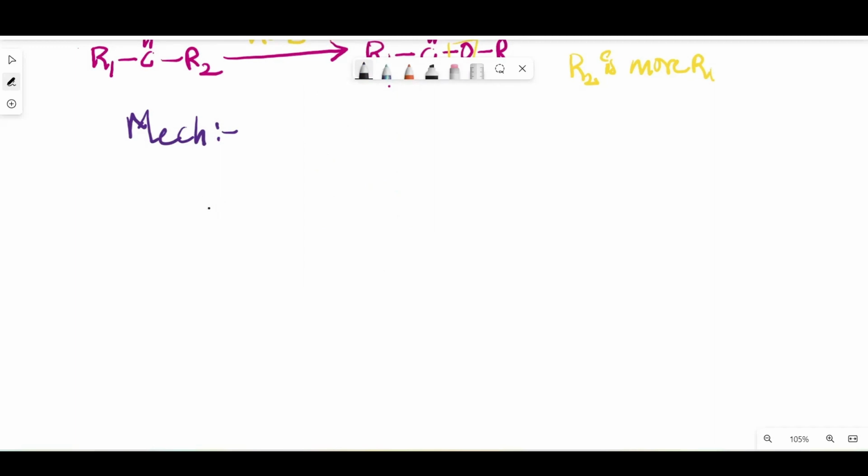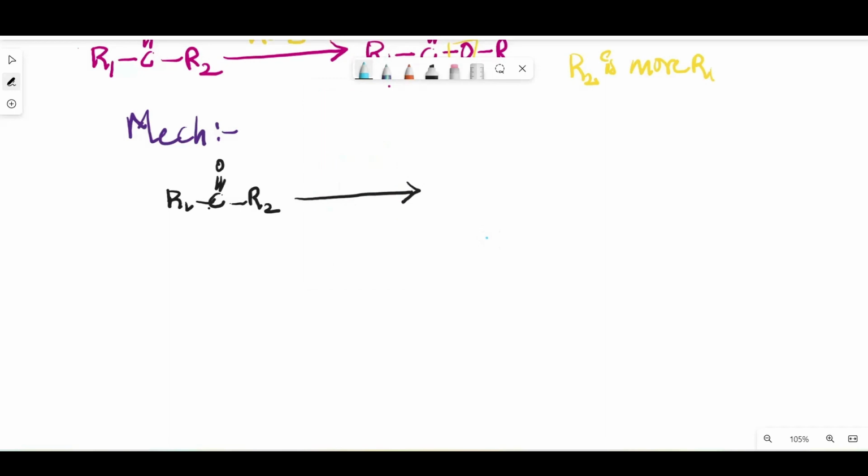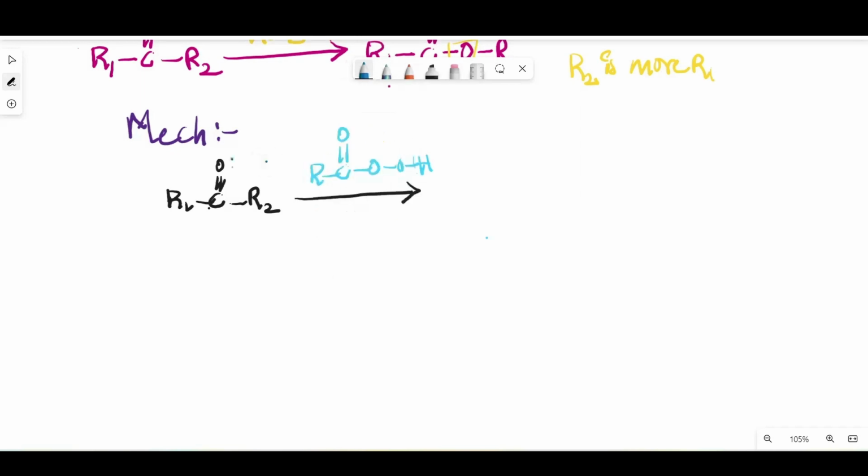See, here we are taking this ketone R1C=O R2. Here we have this peracid RC=O OH. So here this is the acidic hydrogen. Here we have lone pairs on this oxygen, so these lone pairs will abstract this hydrogen. This bond will be shifted towards oxygen.